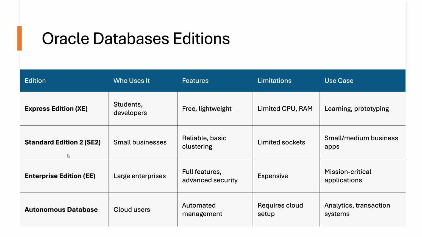Enterprise edition. Enterprise edition is basically used for large enterprises where they want more scalability, high availability, and advanced security features. It has a complete set of features and tools, and it can support large workloads, parallel processing, and distributed systems.